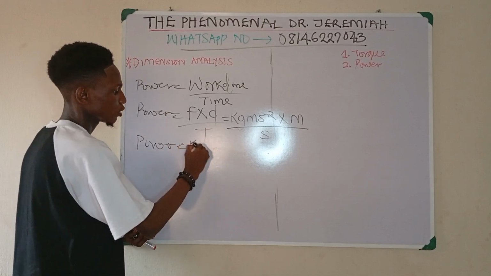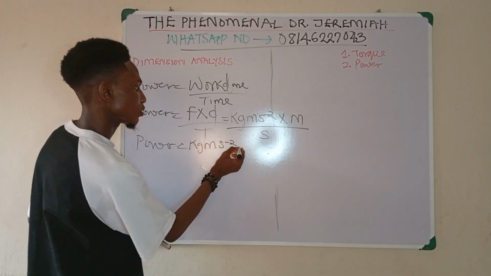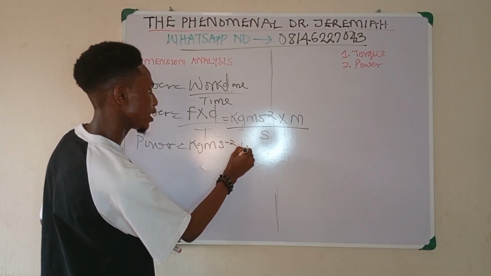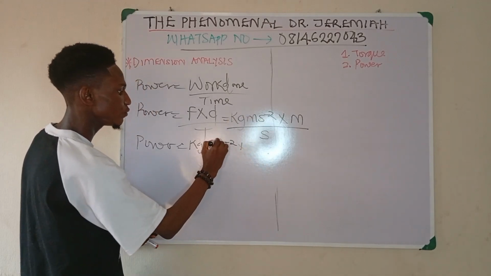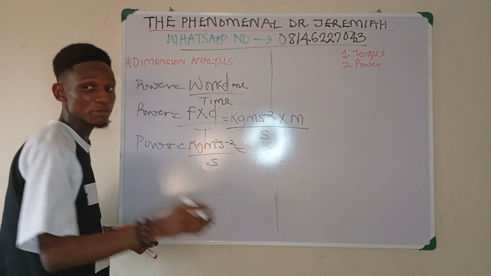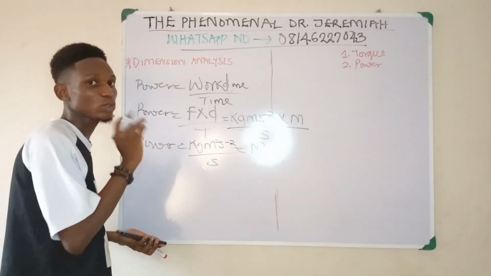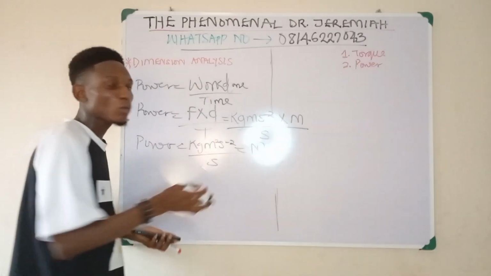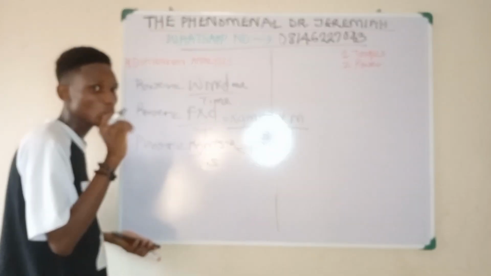Now from there we have power equals kilogram meters per second squared times meters. I want to multiply these two, so m times m will give you m squared over s. Kilogram is mass, so the dimension is M. When we're talking about units, m as a unit is meters, not mass.